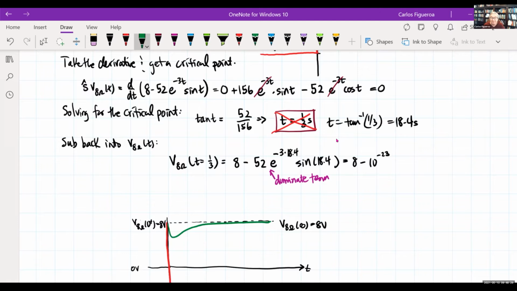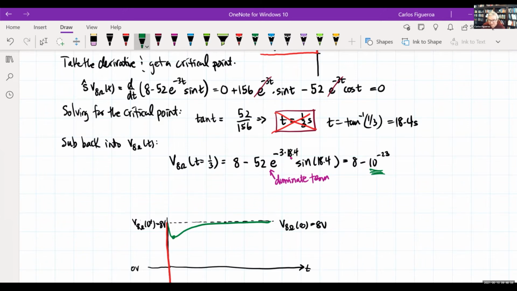Something like that. Yeah, when I plug that into Desmos, I get exactly 8. I mean, for that number of sig figs, but it's got to drop just a tiny bit. You can't ignore the minus sign, but it's got to have some small dip. Of course you're getting exactly 8, because look at that e to the minus 54 or something.